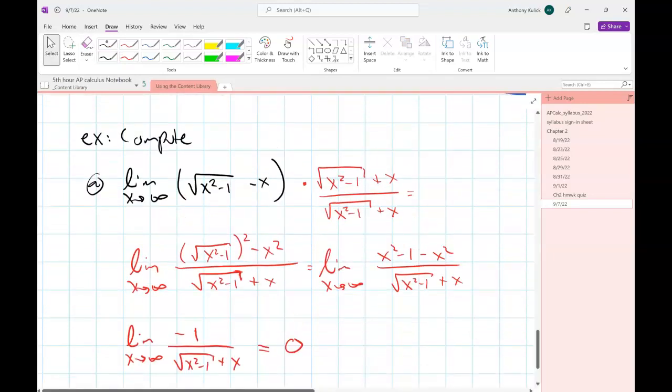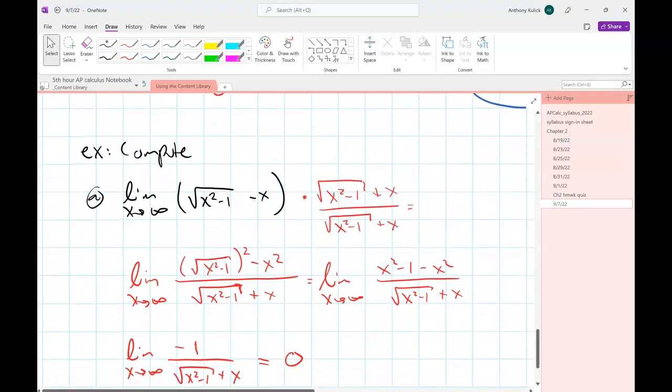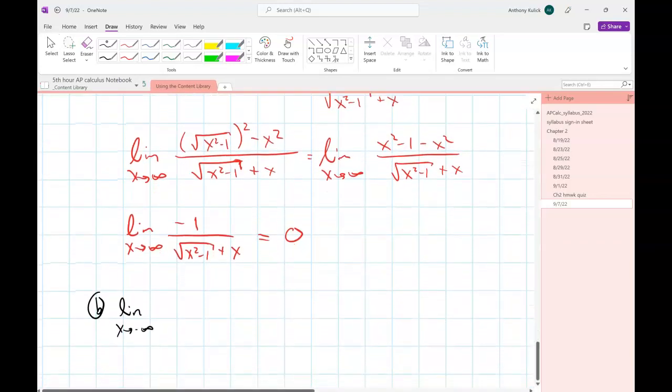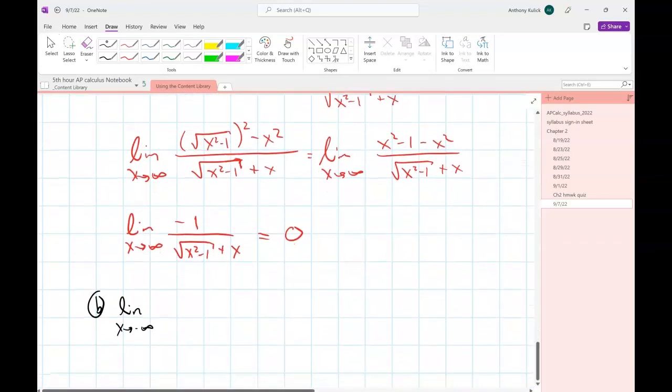All the directions on this say is to compute the limit. So we're just practicing computing limits. Yes, that does mean it has a horizontal asymptote at y equals 0. And would this have a vertical asymptote? You'd have to set the denominator equal to 0 and try to solve for it. But when it says compute, we just want to find the limit.